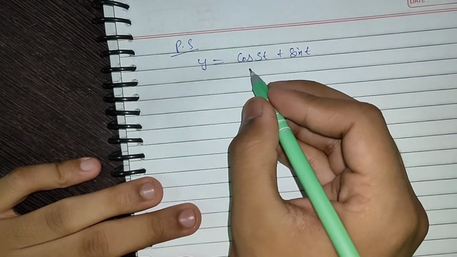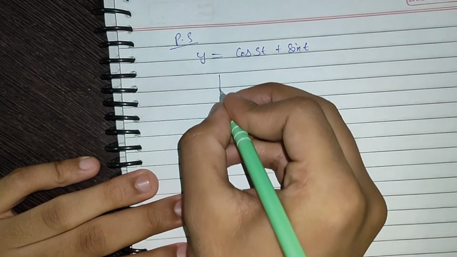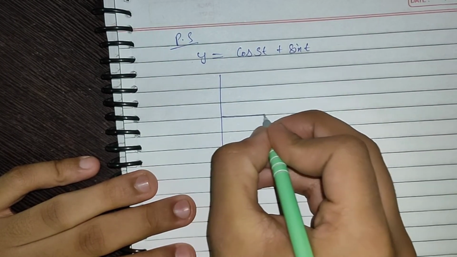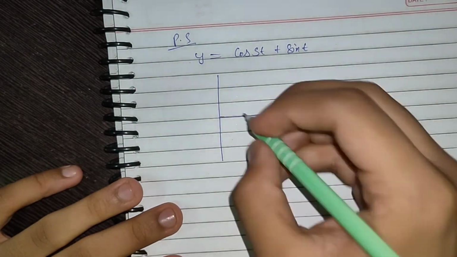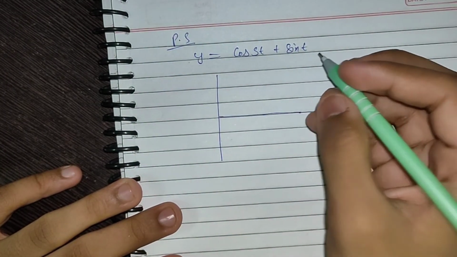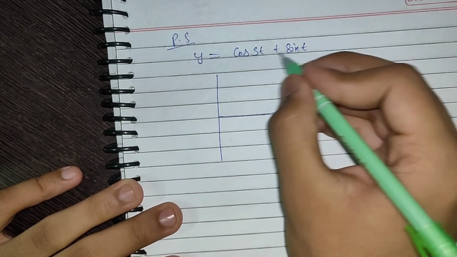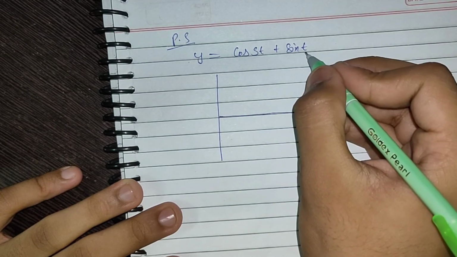So we have to draw the graph for this. I'm drawing it in the positive direction. See here, the frequency of cos is 5 times the frequency of sine.